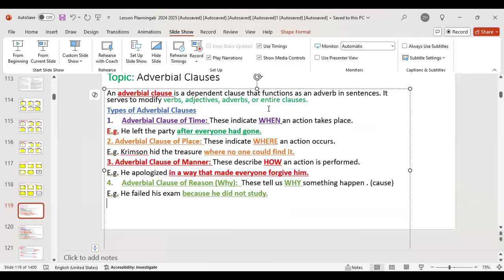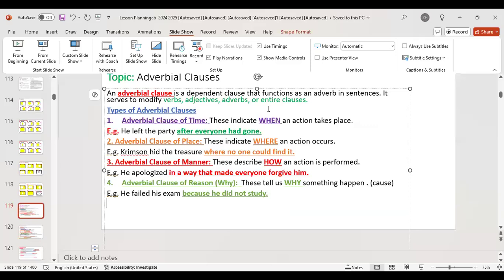Now use the words I give you. Time. Let's go. Time, place, manner, reason. Very good. Time, place, manner, and reason.